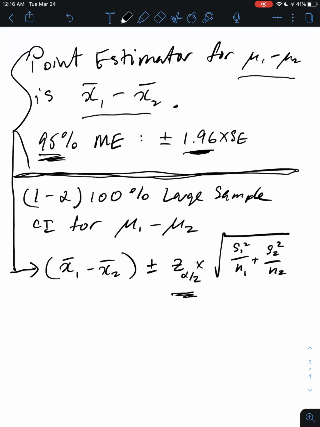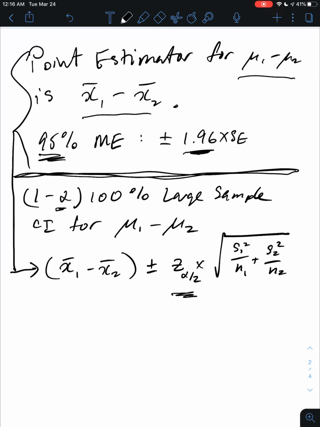Z sub alpha over 2 depends on alpha. Alpha is the quantity which depends on the confidence level, and we call alpha the significance level.